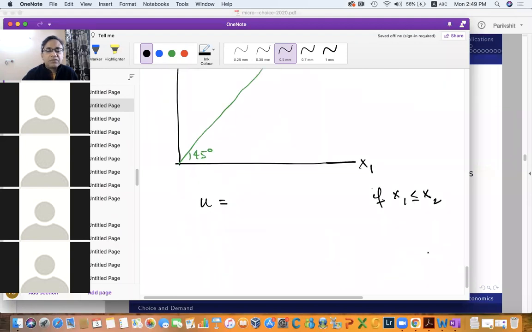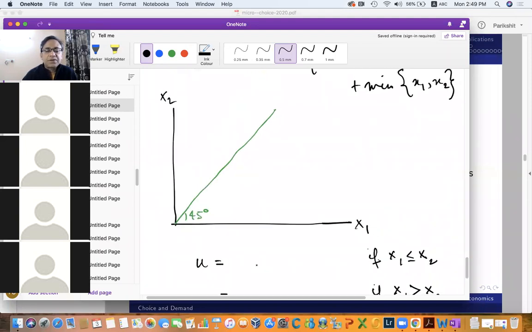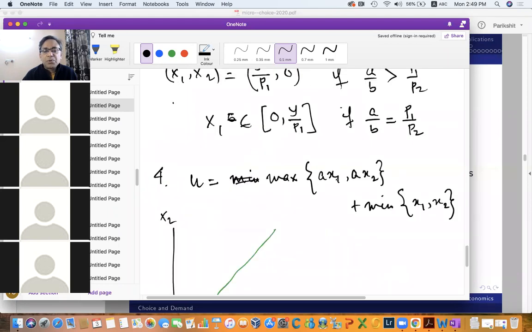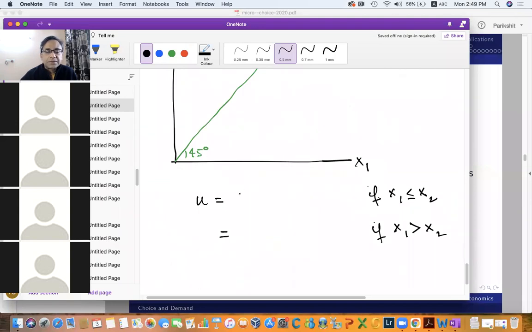And we'll write what the expression is if we are below the 45-degree line, which means x1 greater than x2. Okay. So tell me what the first piece ought to be. If we are here, then the first component becomes, it's the max. A x2 plus x1. And by the same token, the second component or piece is A x1 plus x2.